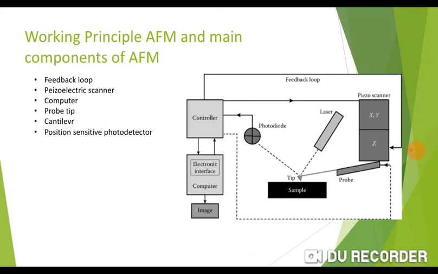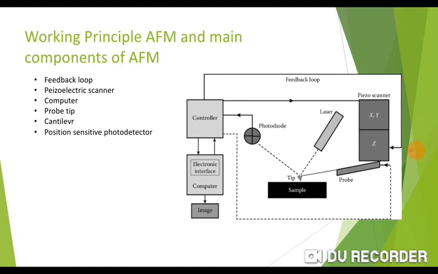The photodiode sensor is used to track this deflection. Now the signal generated by the photodetector is used to generate a topographical map of the surface.